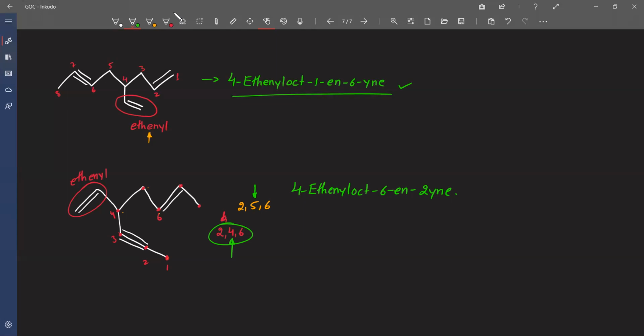Questions based on functional groups I'll send later, but tonight I'm going to send you around 49 structures having no functional group, but all of the concepts which we have seen till now. That is simple chain, having multiple substituents, having complex substituents, having cycles, and having multiple instances of multiple bonds, right? So those I'm going to send you now.